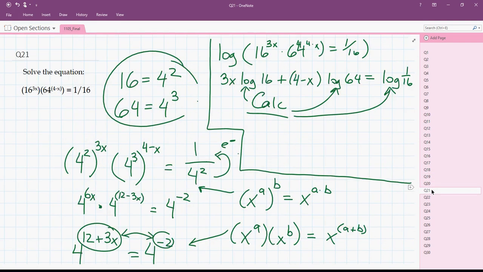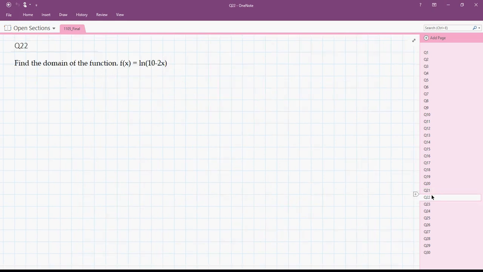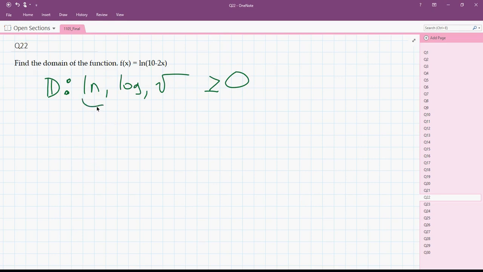Did that, 21, we did. It's just creating same bases. Find the domain of the function. So that isn't bad. So for domain, ln, log, and root have fairly the same rules. To really do them, the insides need to be greater than or equal to 0. Or actually, in ln and log, these have to be strictly greater than 0.